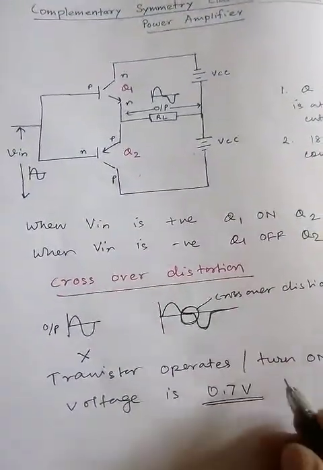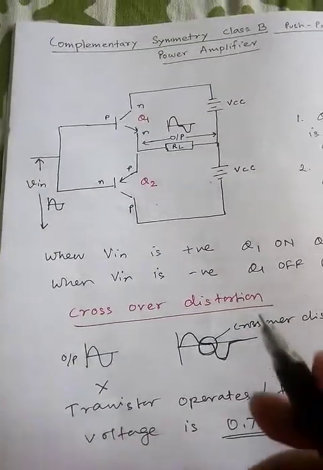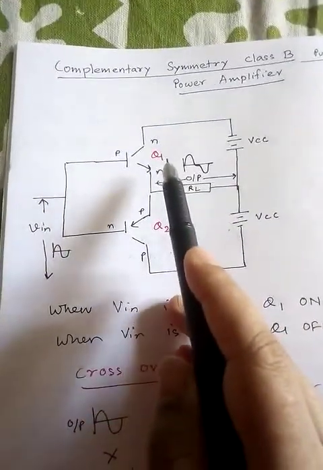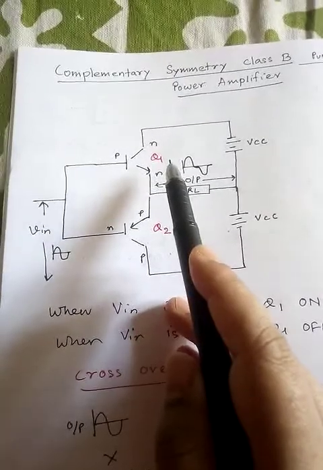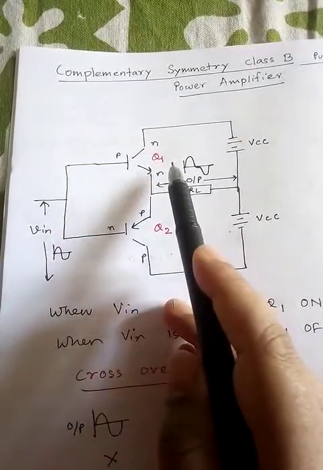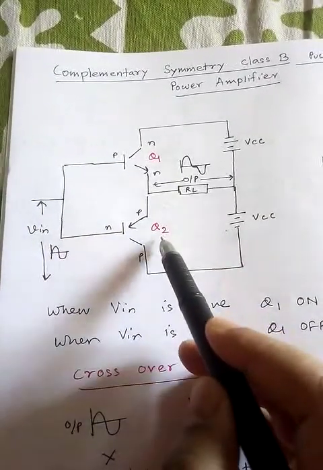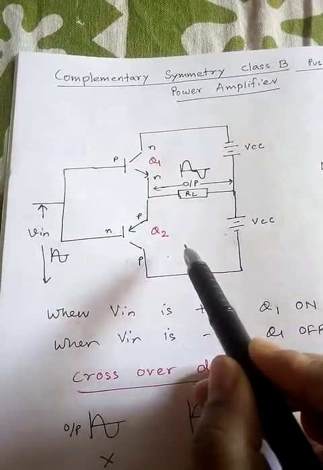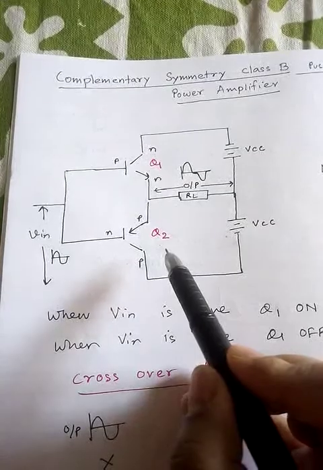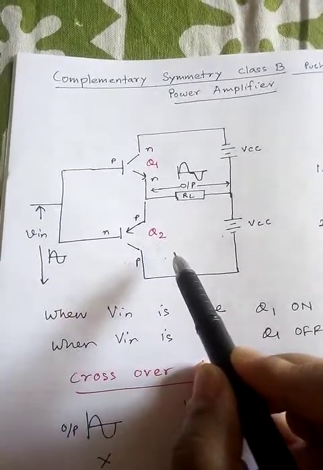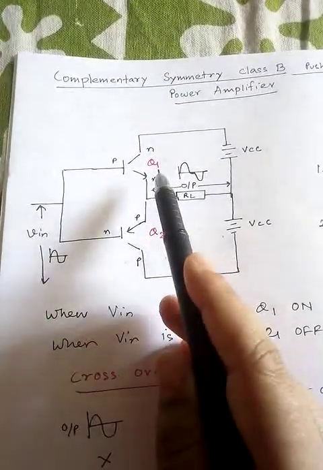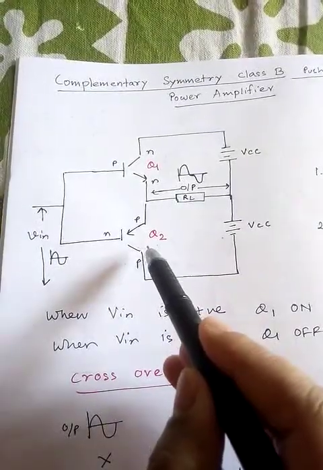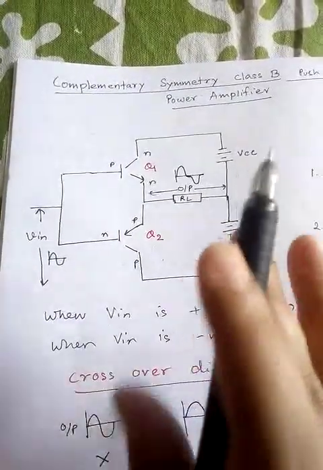Therefore, transistor Q1 will be on for voltage greater than 0.7 volts. Similarly, Q2 will be on for voltage below minus 0.7 volts. It means between 0.7 volt and minus 0.7 volt, both the transistors are off.